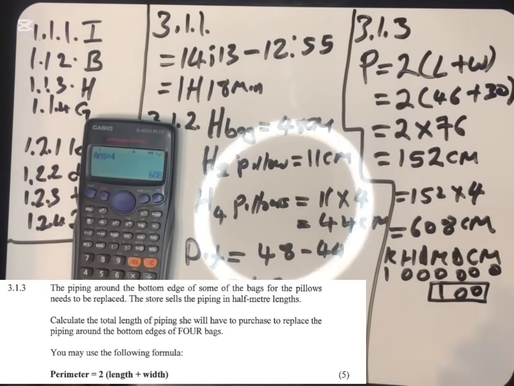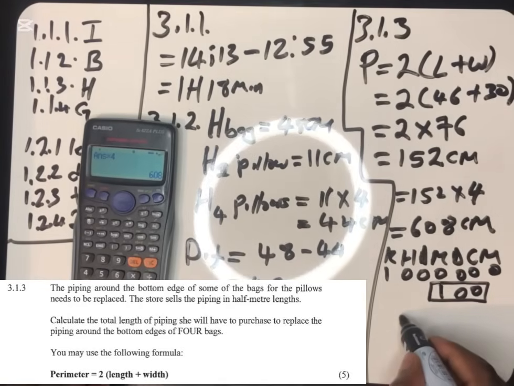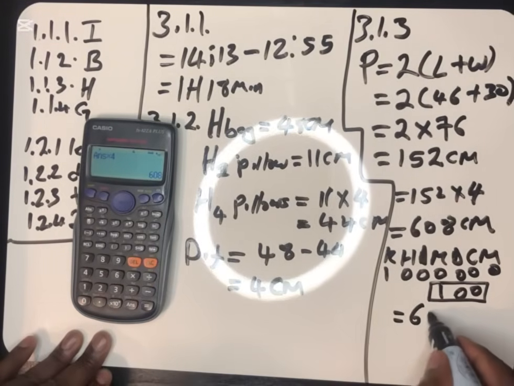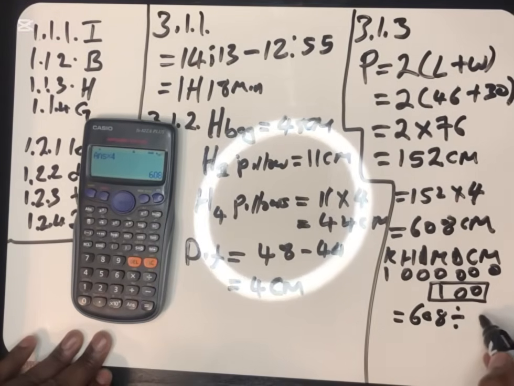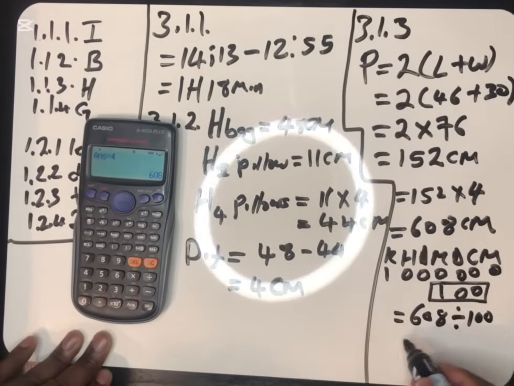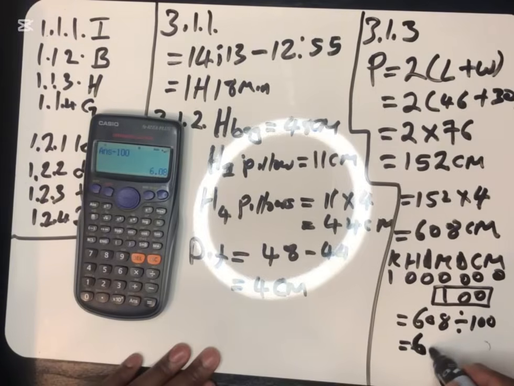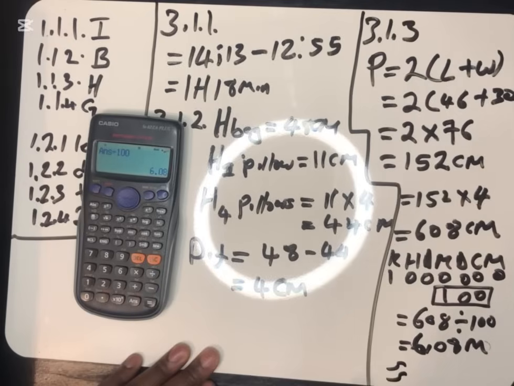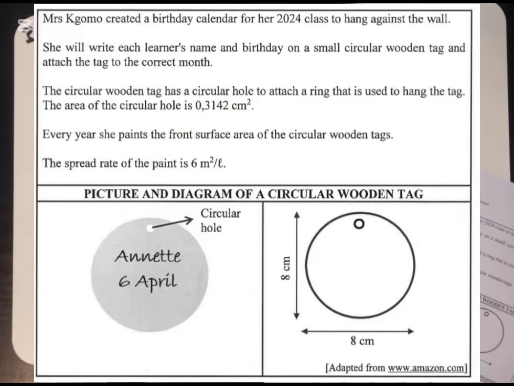So for us to convert this 608 centimeters to meters, we must divide it by 100. So 608 divided by 100 gives 6,08 meters. Because they are selling this in halves, in this case they must buy 6,5 meters. We move to the next question.